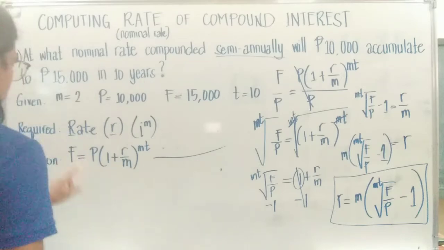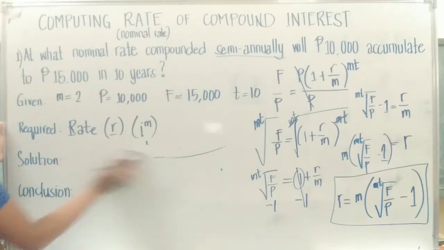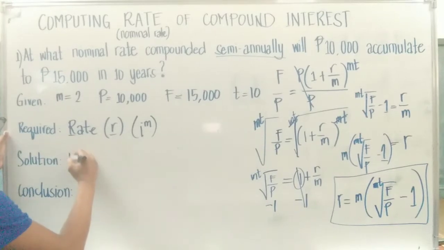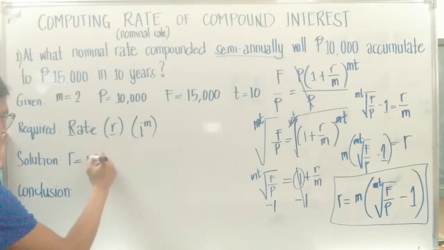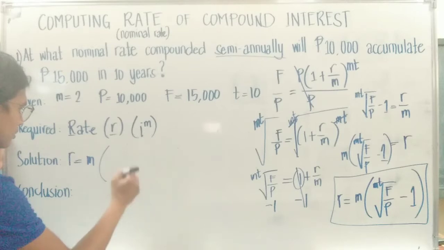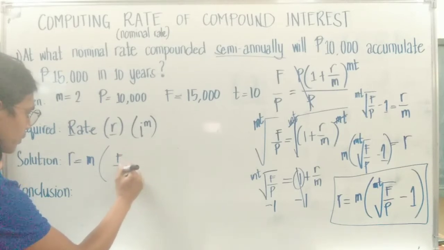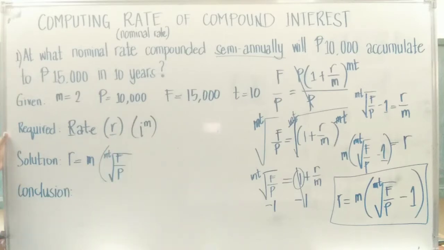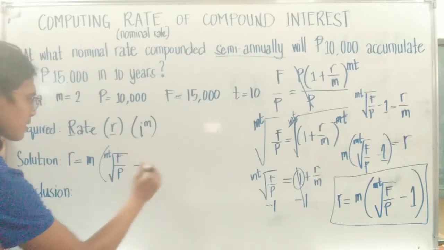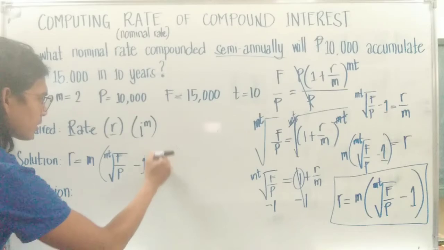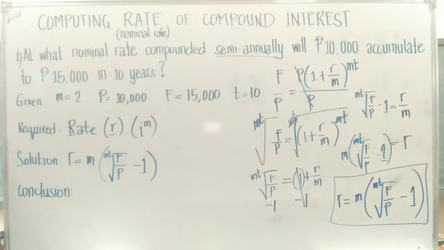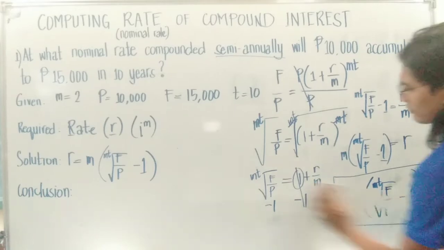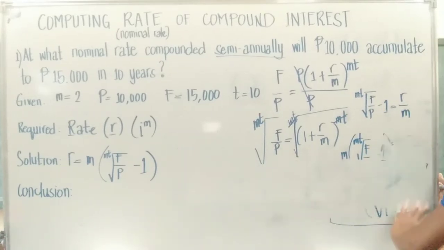So instead of this one, we will be using that thing: r equal to m times the mt root of f over p, minus 1. Okay. So I will erase this one. So please take note.